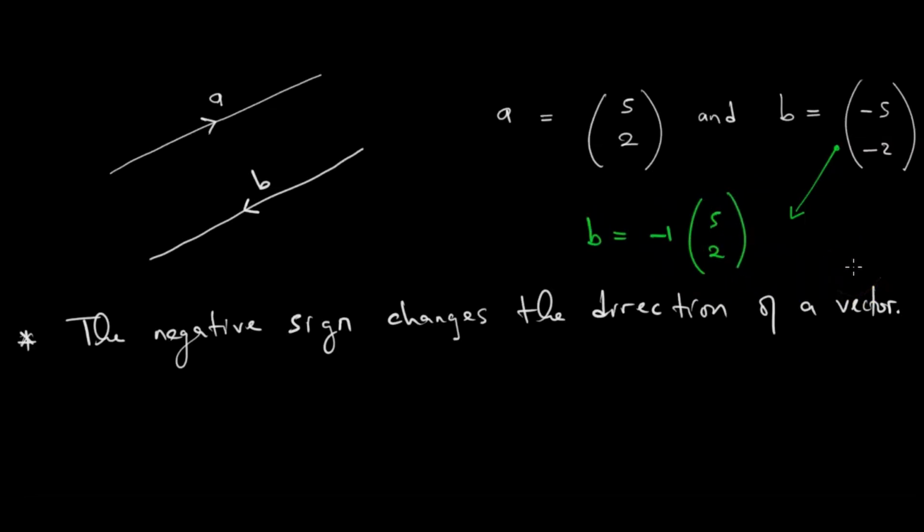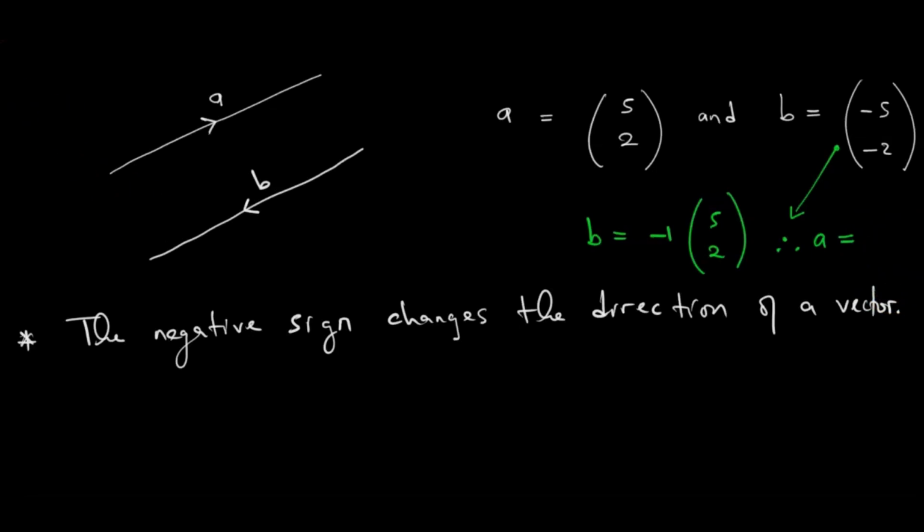So basically what we did is we just took minus 1 and multiplied it with the vector. Meaning that, in fact, B is equal to minus A. That is what it means. So I don't wish to confuse you.